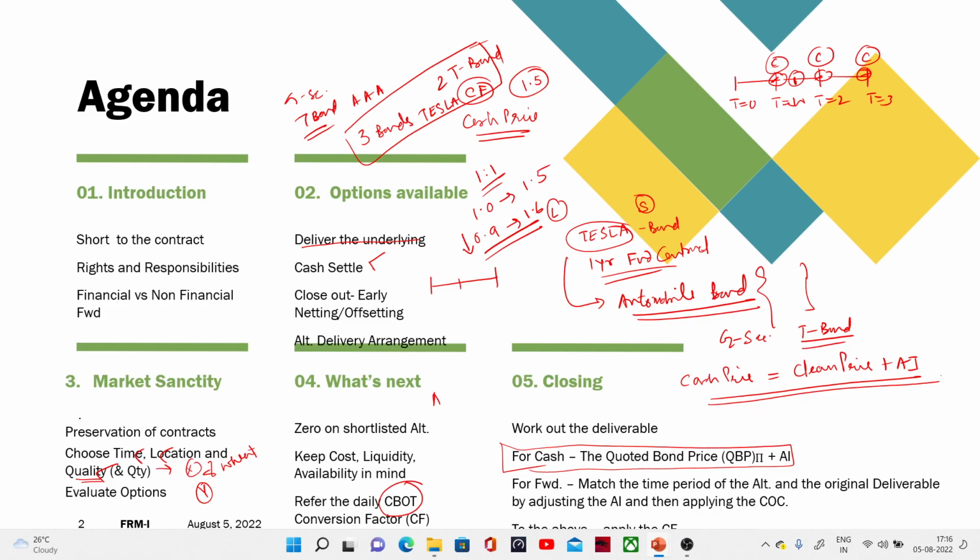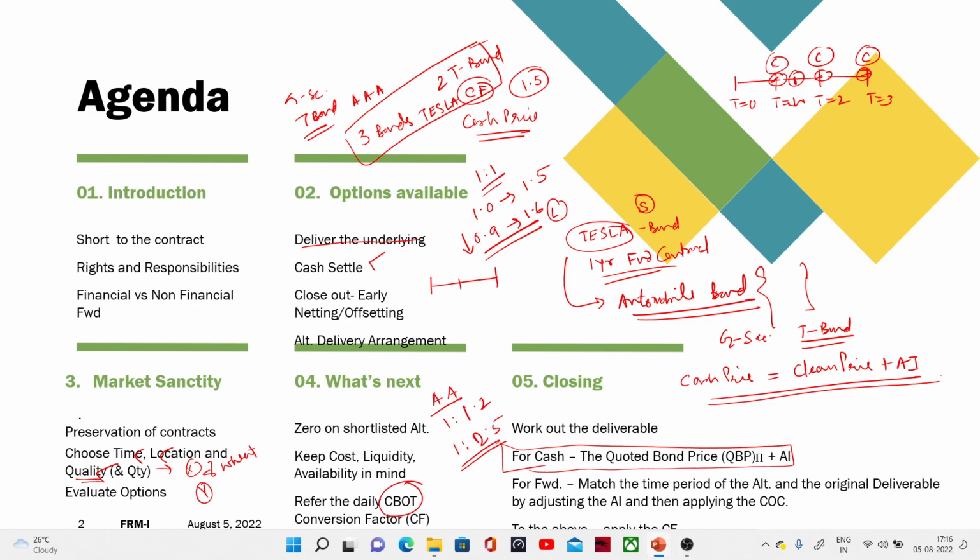So maybe for the AA security on any given day, the CBOT may say that for the corresponding T bond, the conversion factor is 1.1 is to 1.2, right? And for the B rated bond, it could be 1 is to, let's say, 2.5, and so forth. The idea is that CBOT does its own calculation, and each day it publishes the corresponding conversion factor.